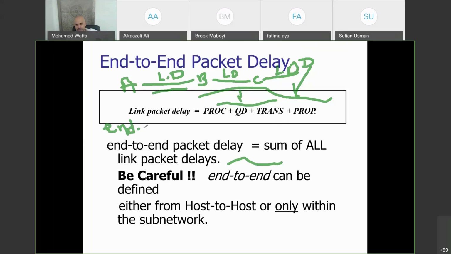So if I want to find the end-to-end delay, and suppose we have n nodes, n switches in my subnet, who could tell me, bonus point for the first one, what would the end-to-end delay be? The end-to-end delay is basically the link delay, assuming they're all equal, times what?